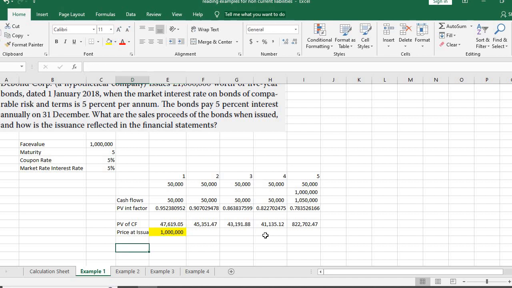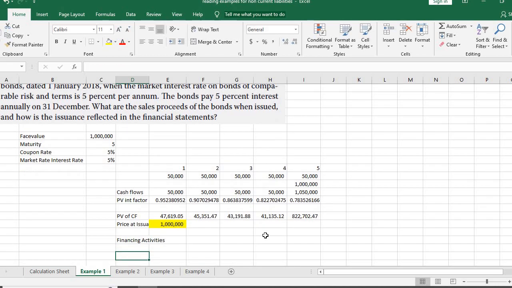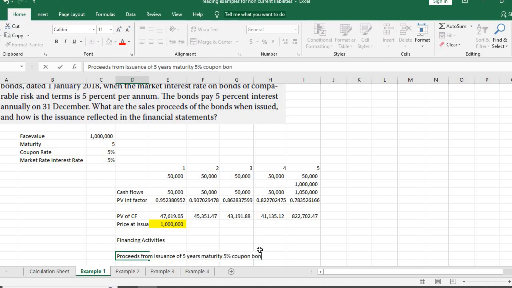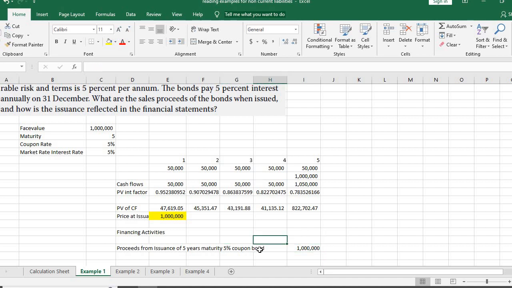How is it reflected in the cash flow statement? Within the financing activity, it's going to be proceeds from issuance of 5 years maturity, 5% coupon bond, and we're going to write 1 million in front of that. This is going to be on the cash flow statement.